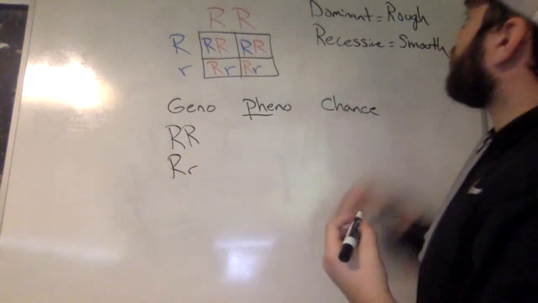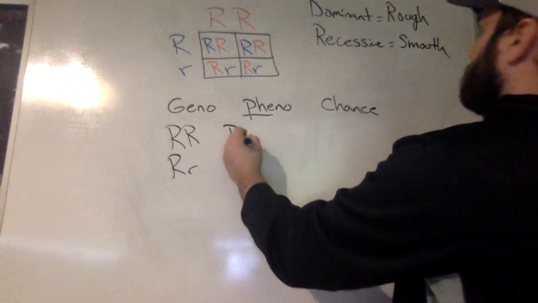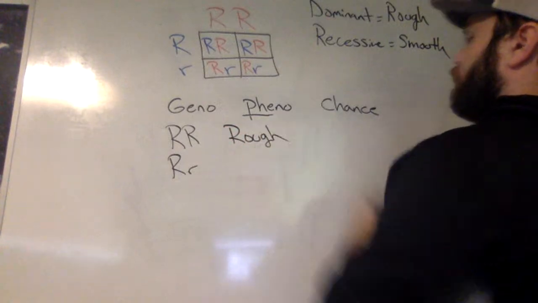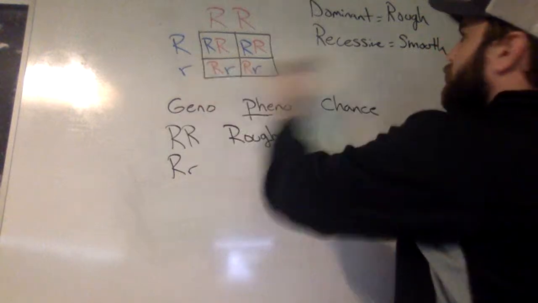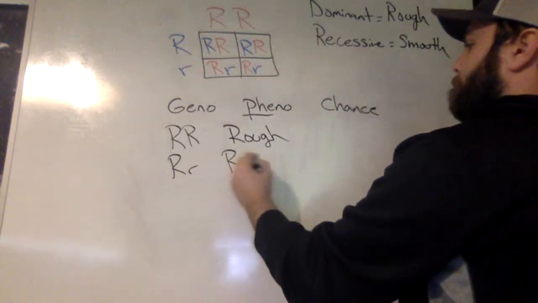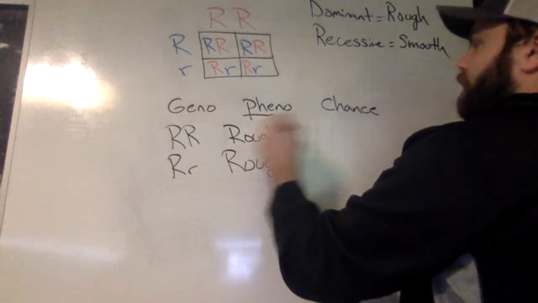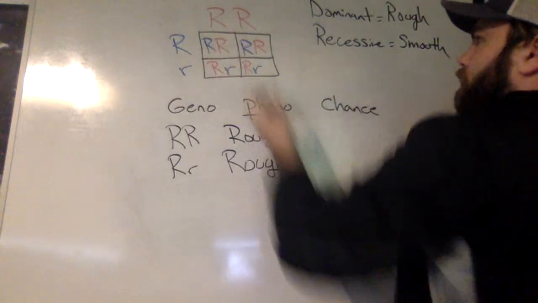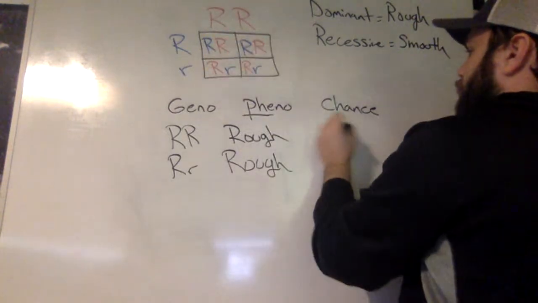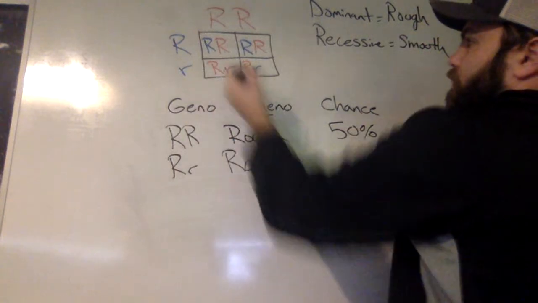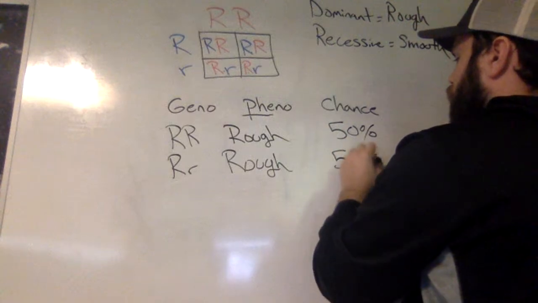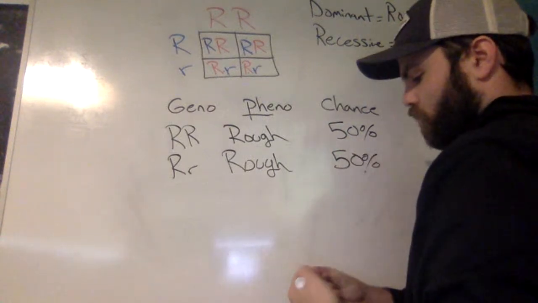So if it's got 2 capital R's, that's going to be rough. Rough fur. Capital R, lowercase r, still going to be rough fur. Let's see our chances. So there's 2 of them. 25, 50, got a 50% chance. Then you have another set of 2, so 50% chance. And those are our answers.